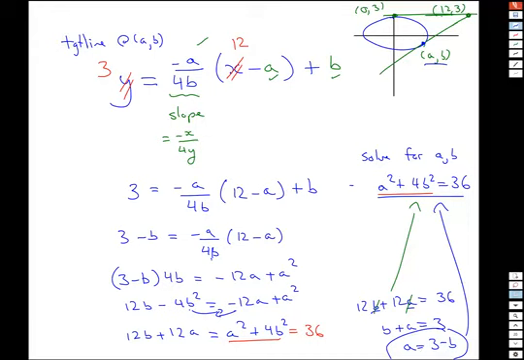Once we get this, we can plug it in the other equation and we get a nice quadratic. So if we combine those two ingredients, a equals 3 minus b into our a squared plus 4b squared equals 36, put those together, we get (3 minus b) squared plus 4b squared equals 36.